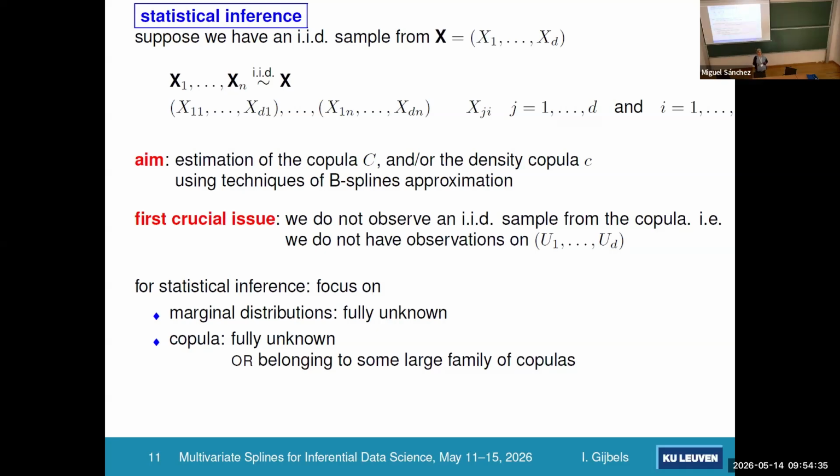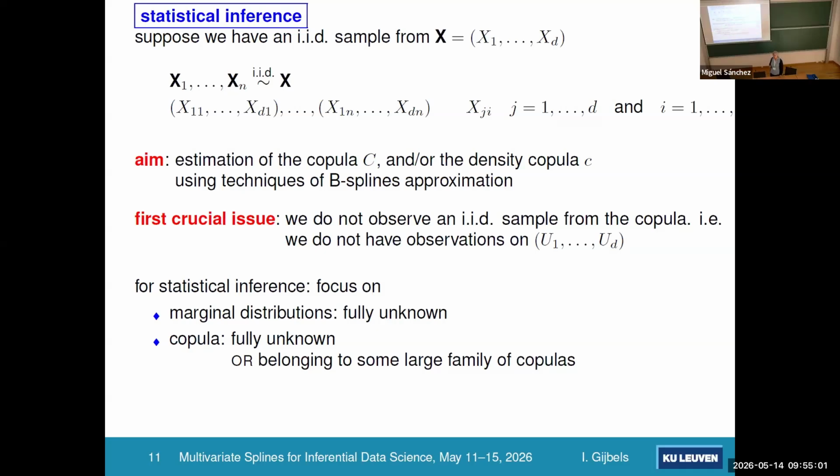Now, let's do statistics. So this is my vector of my D univariate random variables, and I want to figure out the dependence between those, right? Using this copula characterization. I do have a sample from that. A statistician can do nothing without data, right?